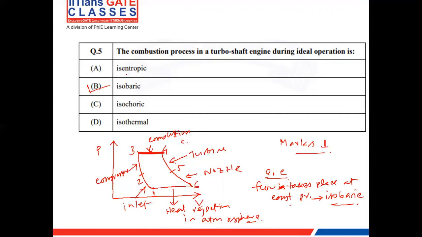And let's see the other options also. Option A is isentropic, which means reversible adiabatic. In the combustion chamber, heat addition is taking place, so it's definitely not adiabatic. So this option cannot be correct. And isobaric is a constant pressure process.